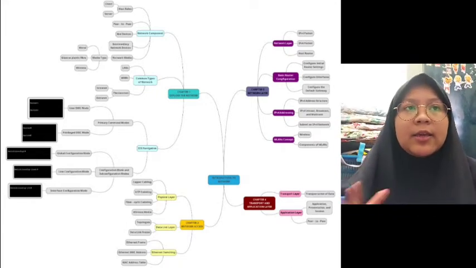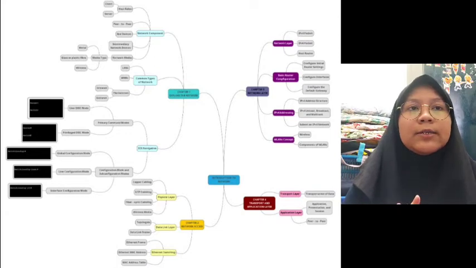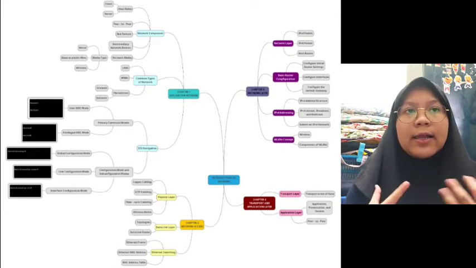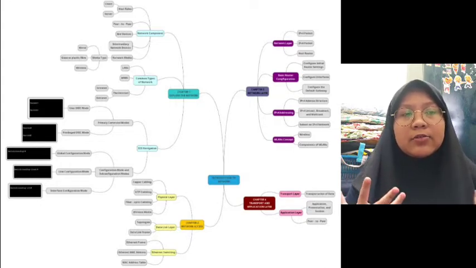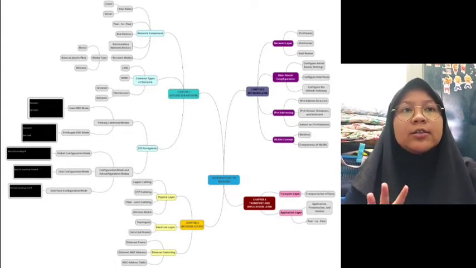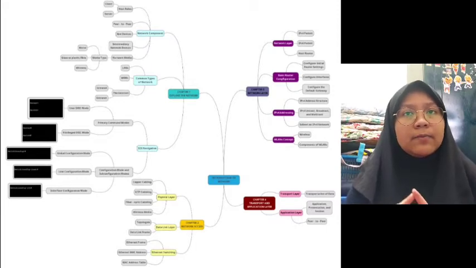The internet uses LANs and WANs. LANs can connect to each other using WAN, and there are two types of internet-related networks, which are intranet and extranet. Let's look at intranet first.